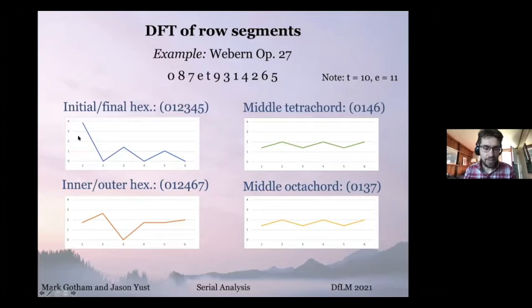For the initial and final hexachord, as you might expect, because it's a chromatic hexachord, you get a very high value for the first coefficient, very low for everything else. If I were instead to look at the middle 6 pitch classes, the highest coefficient would be the second. So in fact, we get concentrations a tritone apart on the pitch class circle in that case.